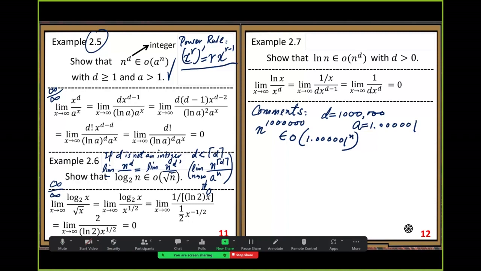Not quite intuitive, right? Think about that. Because you may feel this function is close to 1. You may feel, how can this function value be very large, even greater than n to the 1/millionth power?